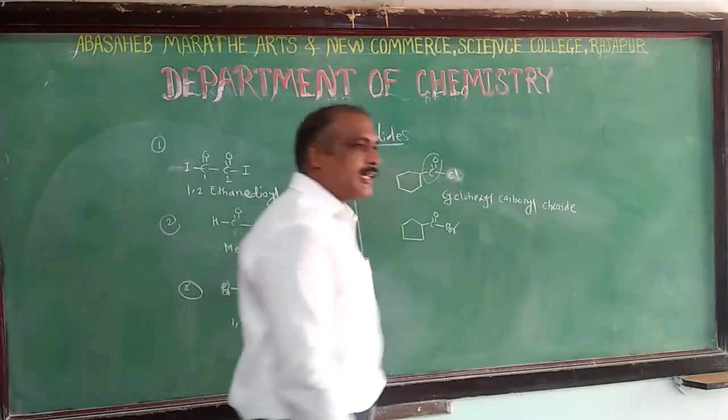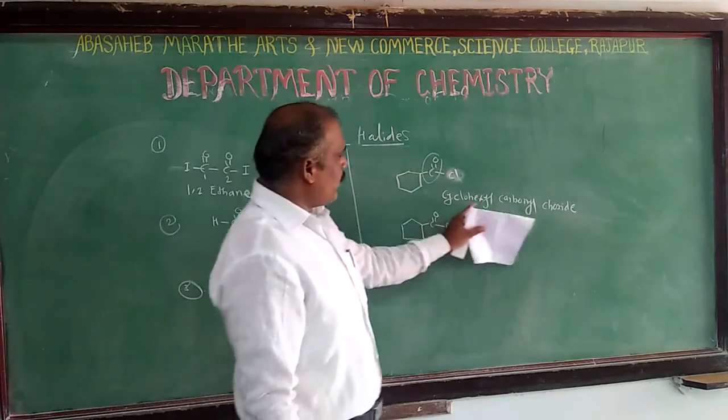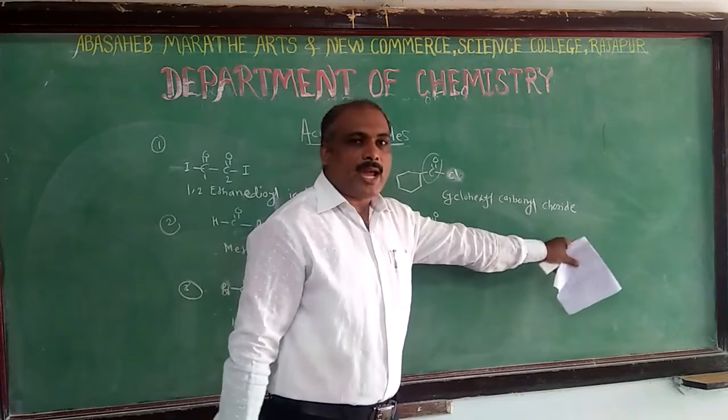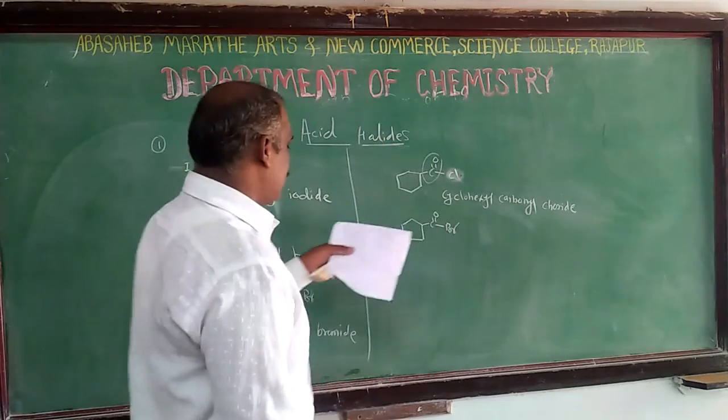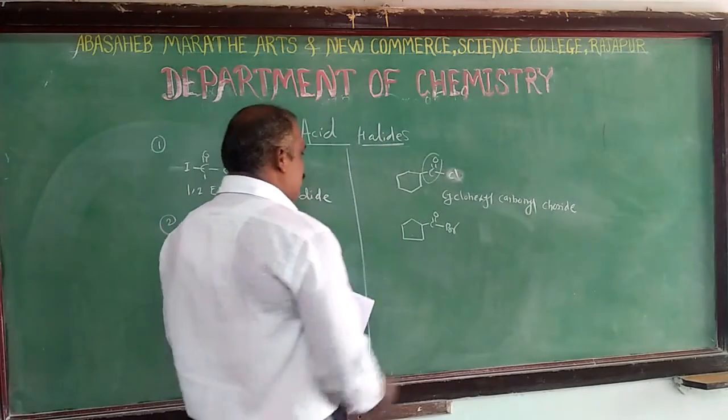So this is the correct name: cyclohexyl carbonyl chloride. This is the name for these structures.